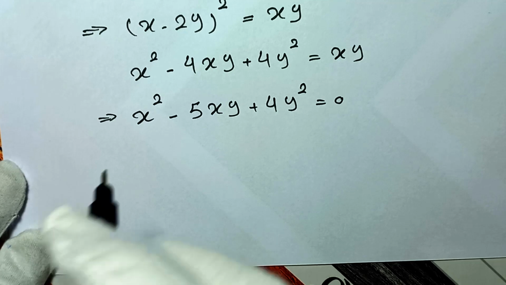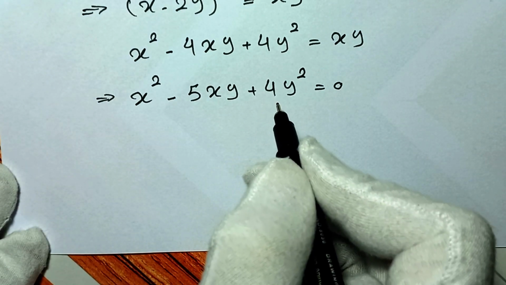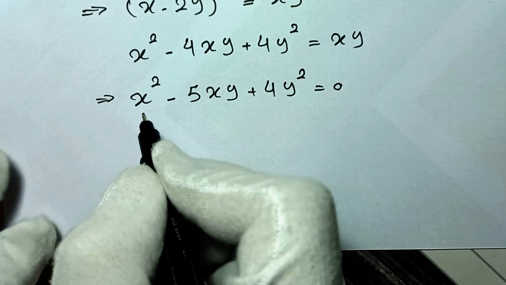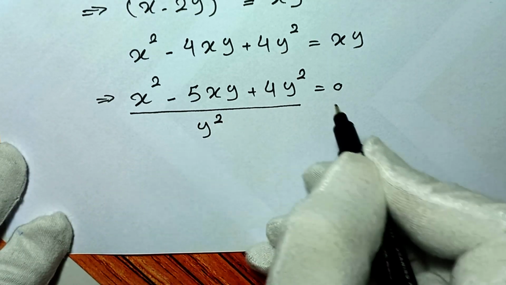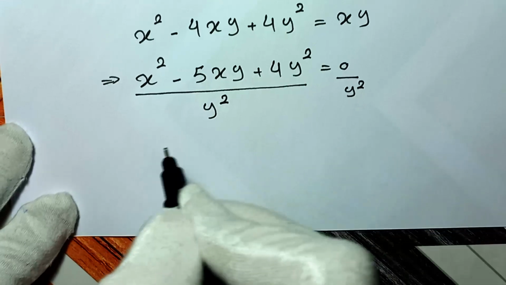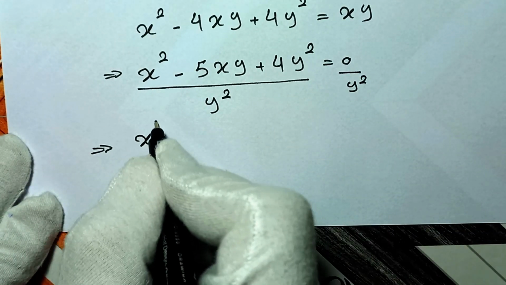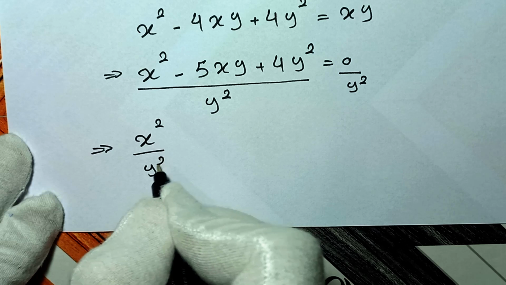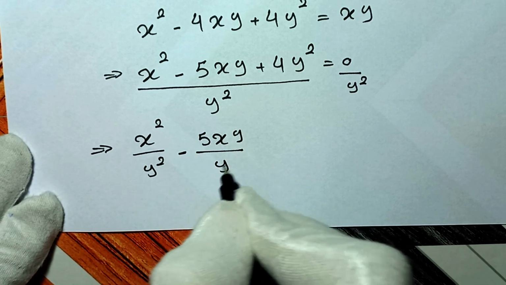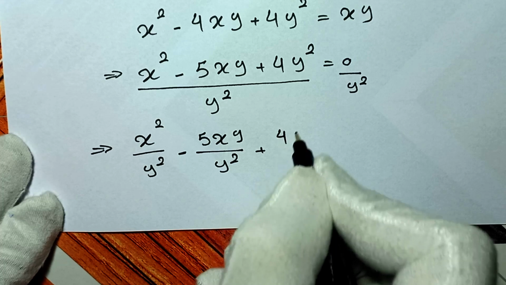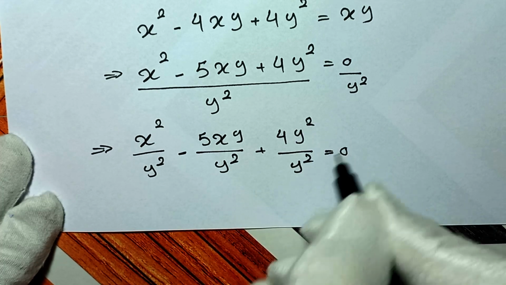And here we divide both sides by y squared. It will be x squared over y squared minus 5xy over y squared plus 4y squared over y squared is equal to 0.